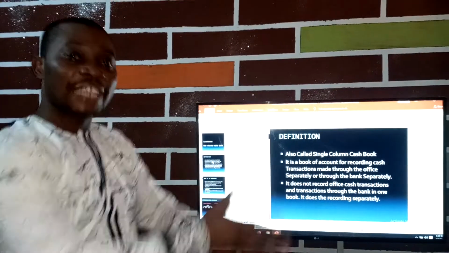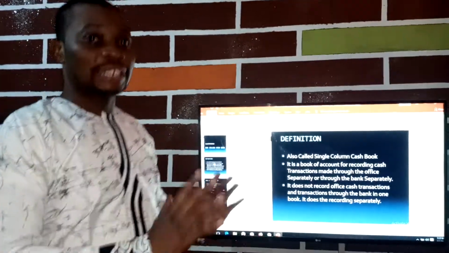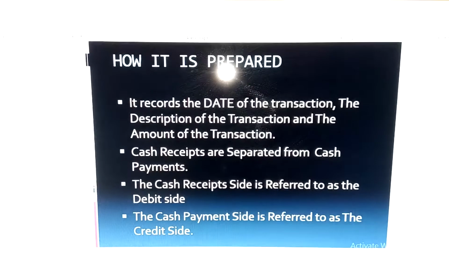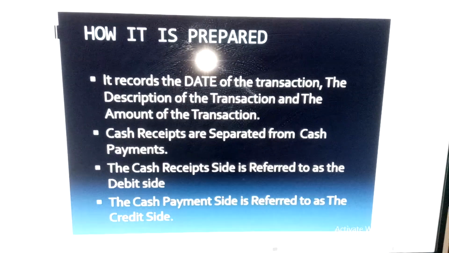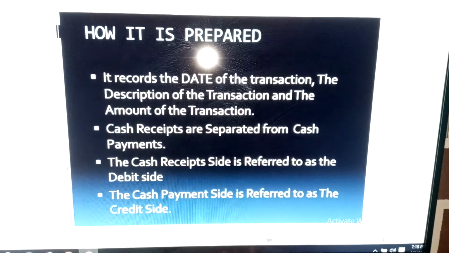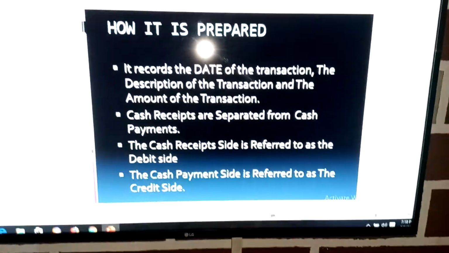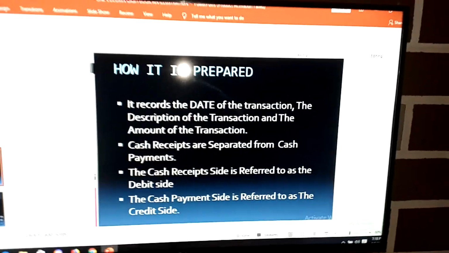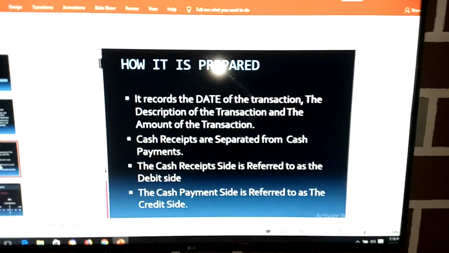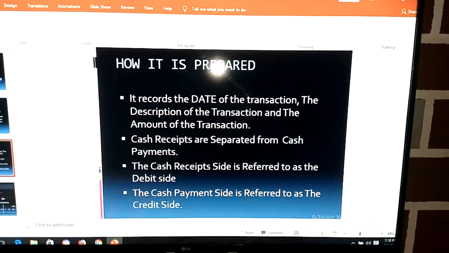One column cash book for major or main transactions. The one column cash book records cash transactions, and because there's a date that these transactions occur, it will record the date of the transaction, the description of the transaction and the amount of the transaction.